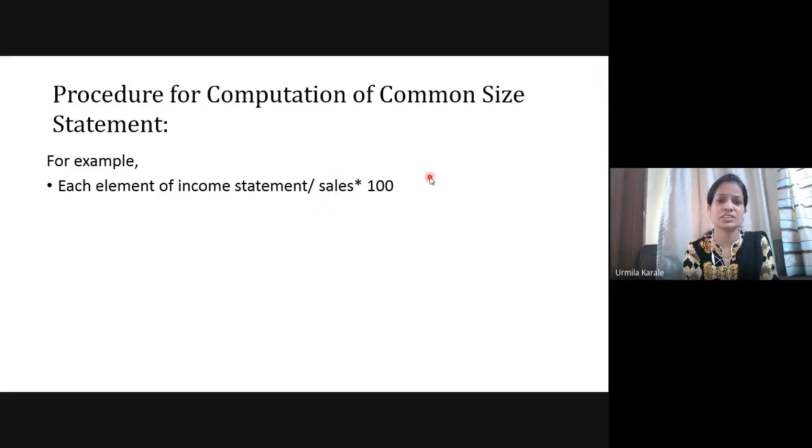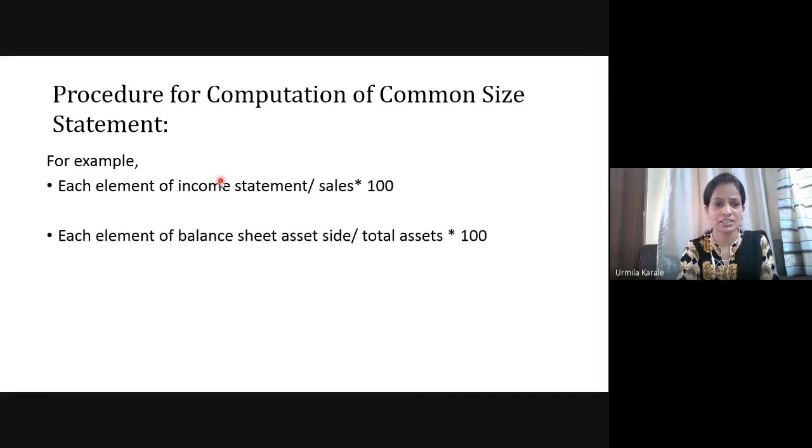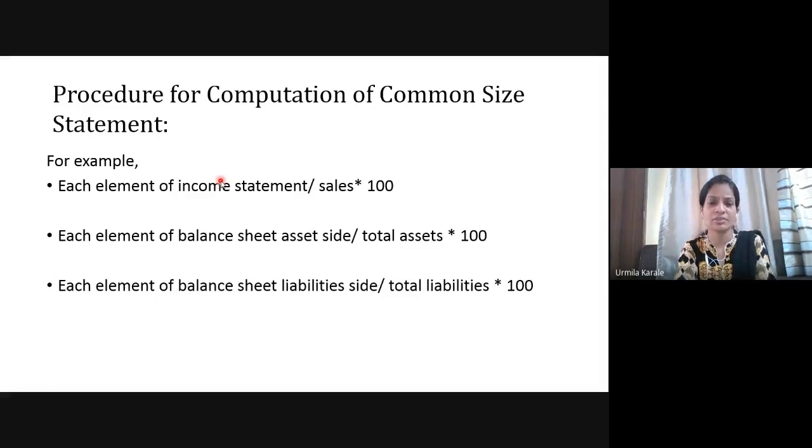Like sales is suppose 1 lakh, if you consider it as 100, cost of goods sold is suppose 40,000, that will come to 40%. Gross profit is 60,000, then that is 60%, right? We'll see it with calculations. In a similar way, for the balance sheet, same formulas, only from total liabilities, how much is the capital, how much is the long-term liabilities, how much is the current liabilities.